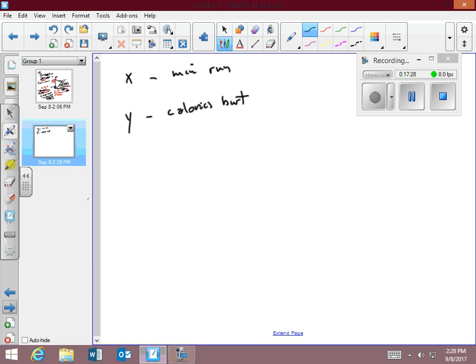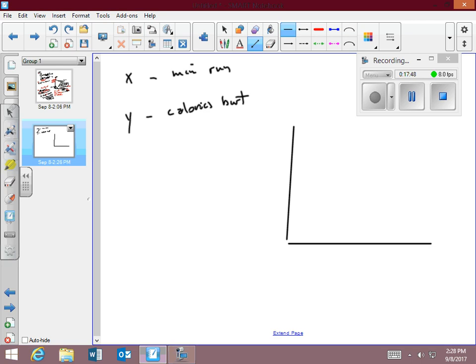That being said, it says if you run 9 miles per hour, it burns approximately 14 calories per minute. Now, if vertical is calories burnt, and minutes run is horizontal, the slope is going to be what?